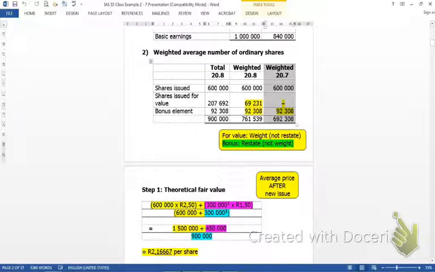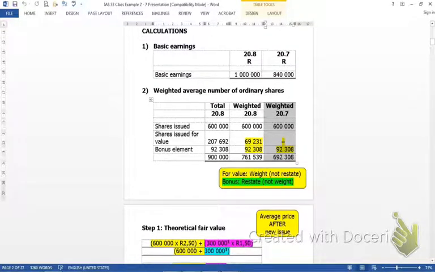Right, so as you can see there again, in that yellow highlight and the green, those that was issued for value will be weighted and not restated. Those that was issued as a bonus element will not be weighted, but they will be restated in the prior year. Once we've done that, let's just go and look at the earnings.